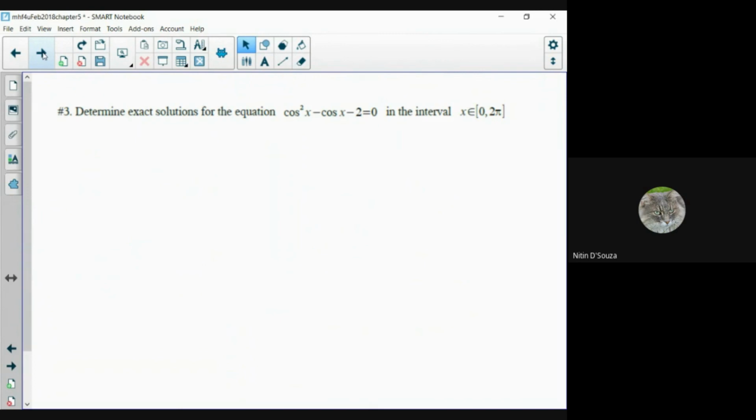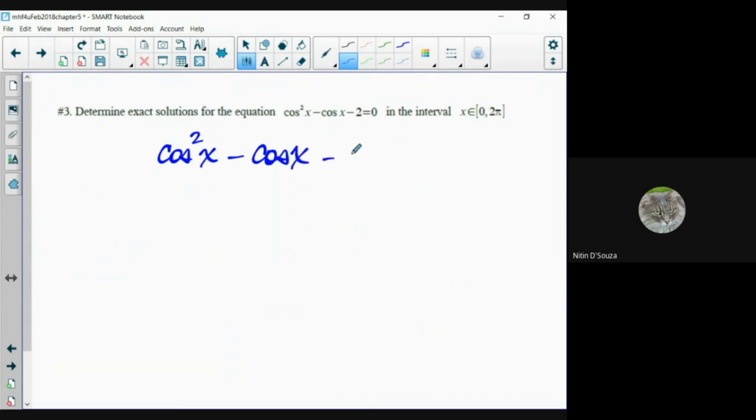So cosine squared x, this is where decomposition comes in. Minus 2 times 1 is minus 2. Two numbers that multiply to give me minus 2 and add to give me minus 1. So I can factor this.